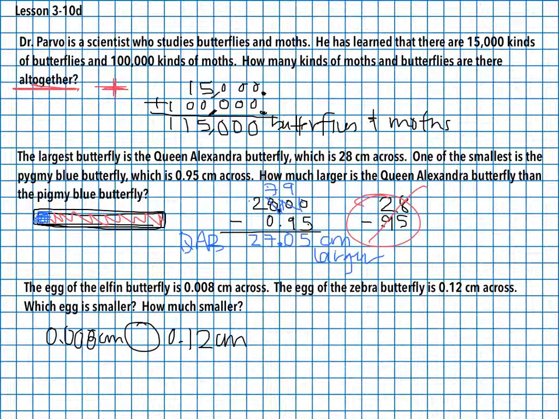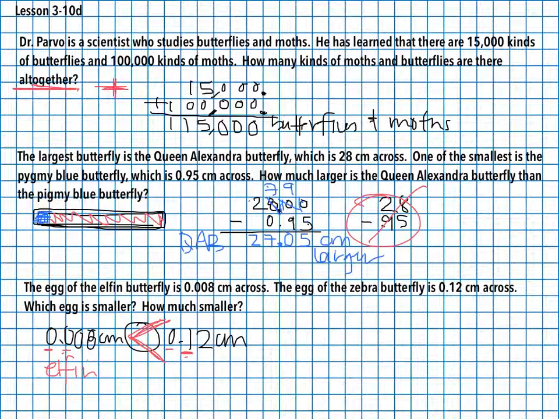So the question is, which one is smaller? Well, when we compare, we start, well, nothing in the ones column, nothing, 1. So 1 is bigger than nothing, so remember the arrow points to the smaller number. So the elfin butterfly egg is smaller.